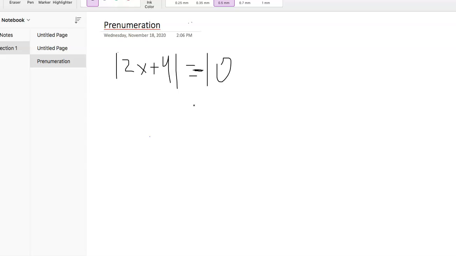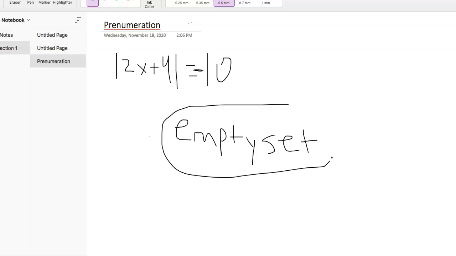So if it was absolute value of 2x plus 4 equals negative 10, anytime the absolute value equals a negative, we end up with empty set. Okay, right? Don't try to solve it. You can't do it, right? Because we already have the answer being negative. We can't do anything with that second equation, and so that's just a little trick question. Anything where the answer on the right side is negative, that leads us to empty set. Okay, so that gets us to the end of this video.